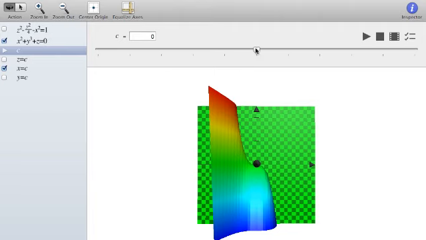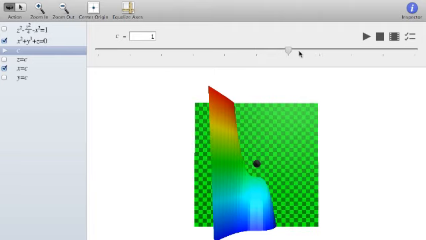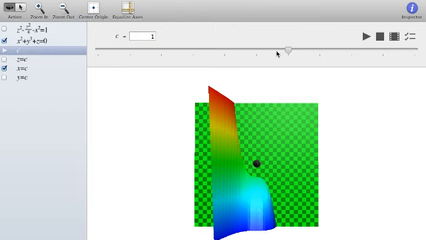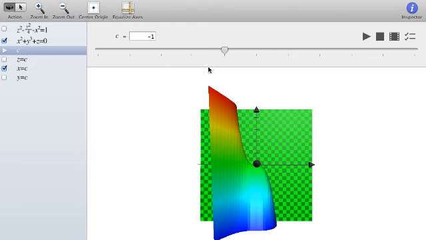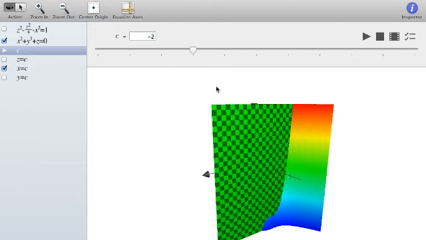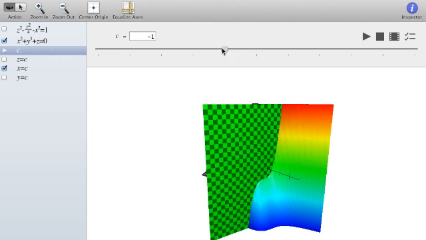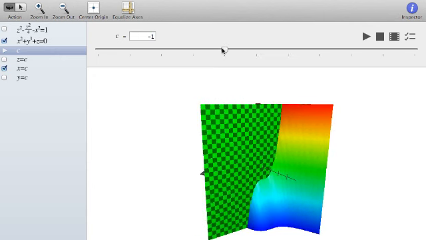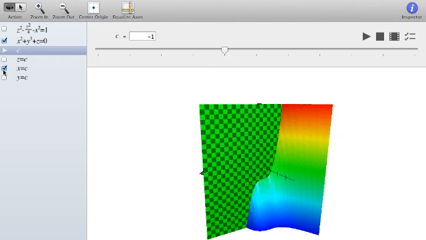And as we shift it, it shifts our negative cubic up or down. If we look on the other side here, we can see it shifts. All right. So that's what we have when we intersect with the x equals constant plane.